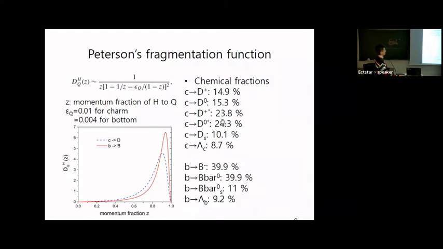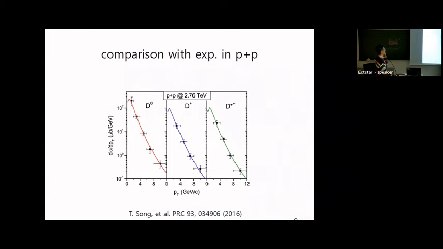Also, bottom can be B minus, or B0 bar, or B0 bar s, or Lambda b, with these percentages. This is the comparison with experimental data in pp collisions at 2.76 TeV. We can see good agreement with the experimental data for D0, D plus, and D star plus.